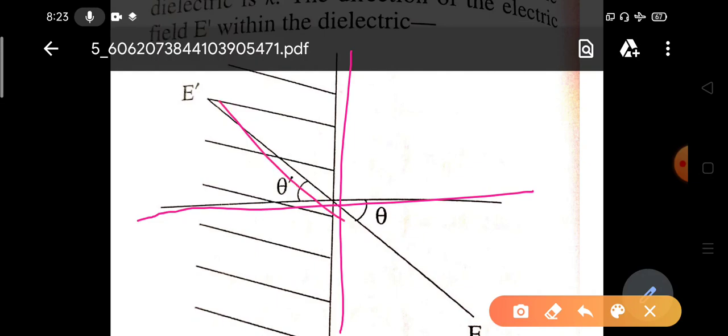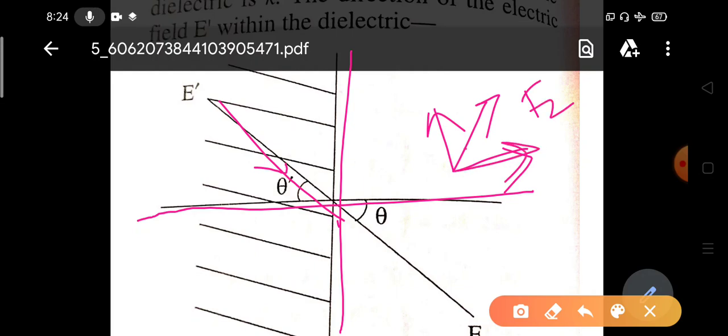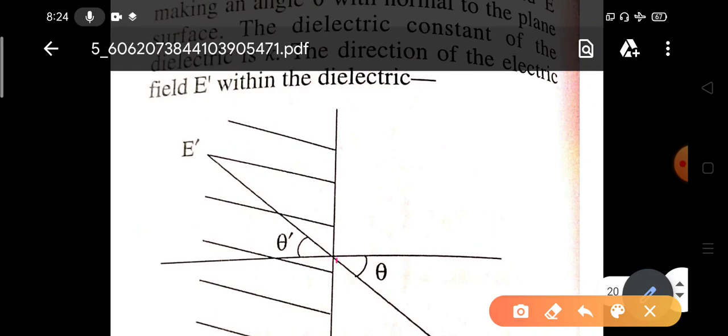Here the electric field is, suppose, E prime. It is composed of two components, or it can be split into two components. If the electric field makes an angle theta, then this is E cos theta, and this is E sin theta. So split the components.